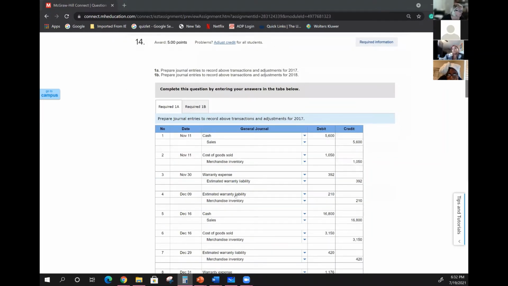So here's my estimated warranty liability, 210. Now I'm doing that instead of cost of goods sold because I'm replacing some that came back. So I want to reduce that liability account. And then I also need to credit my inventory because I am sending those razors out. So I need to remove them from my inventory.